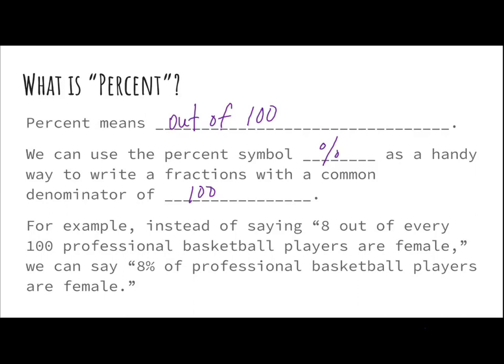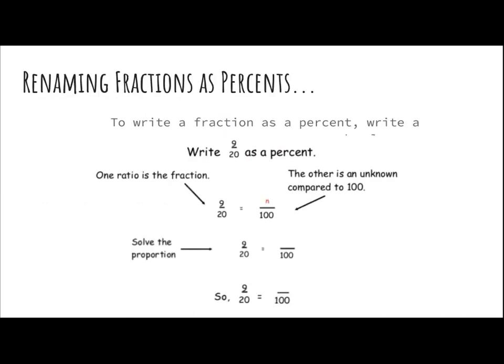To write the fraction as a percent, you are first going to write a proportion. We're going to take this number 9 over 20 and write it as a percent. So the first ratio in our proportion is right here, which is 9/20ths. And we want to find an equivalent fraction that has a denominator of 100.